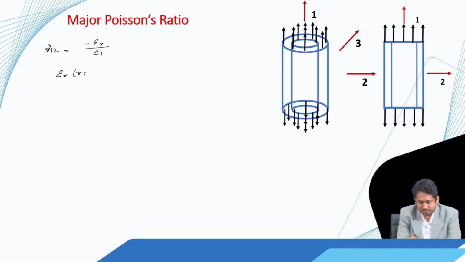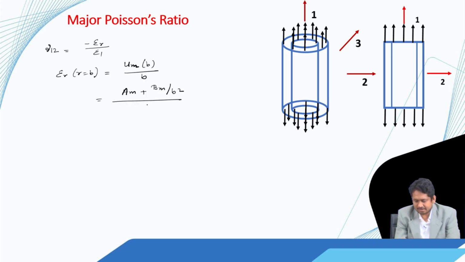From that we can find out epsilon r at r equal to b, that means at the surface of the outer cylinder, it is u m evaluated at b by b, and so that is nothing but a m plus b m by b square, divided by epsilon 1.